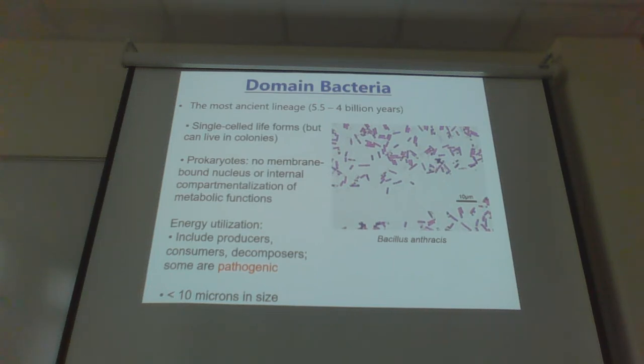The fact that they can grow in association many times, and can form a rope-like structure or a grape-like structure, doesn't mean that they're multicellular. They just associate and form clumps, but they're unicellular. They have an independent life as a single cell on their own.